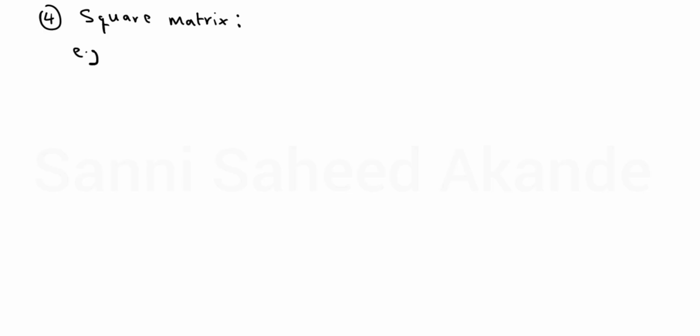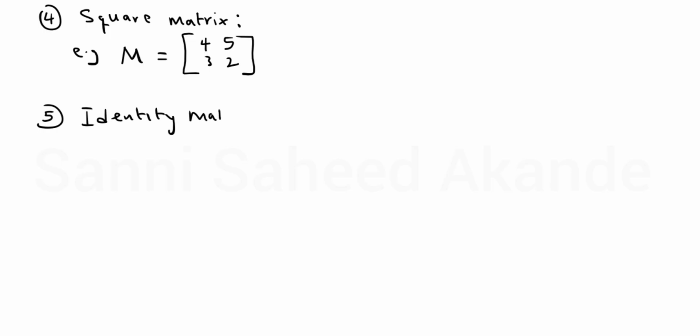When you have a matrix called M, given as 4, 5, and 3, 2, you can see we have 2 rows and 2 columns. So this is a square matrix. Understood?